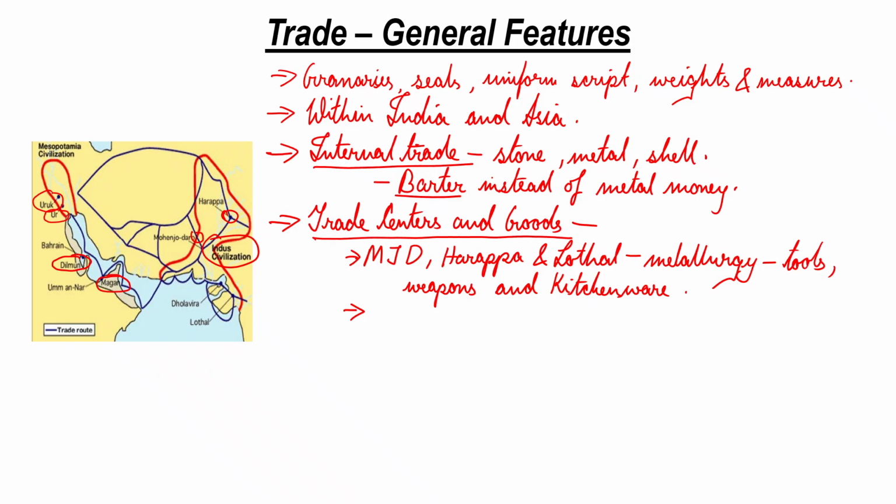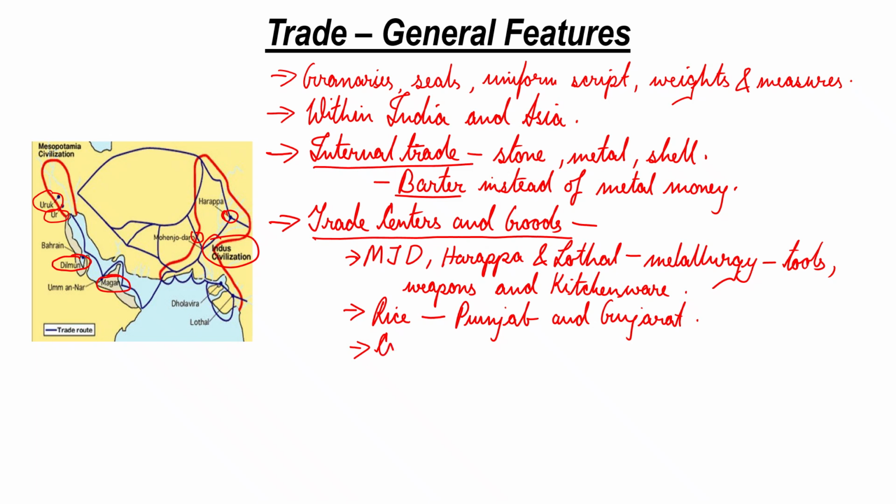The second important thing is rice. Where did the Harappans get rice from? From Punjab and Gujarat. So these were main centers of rice.